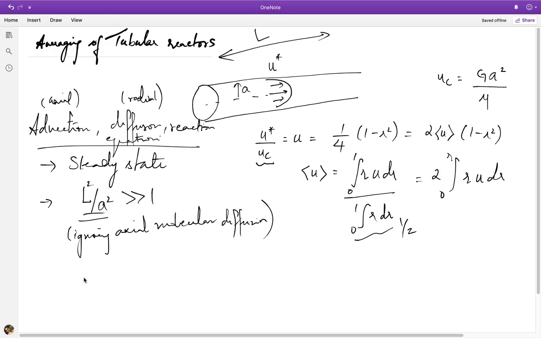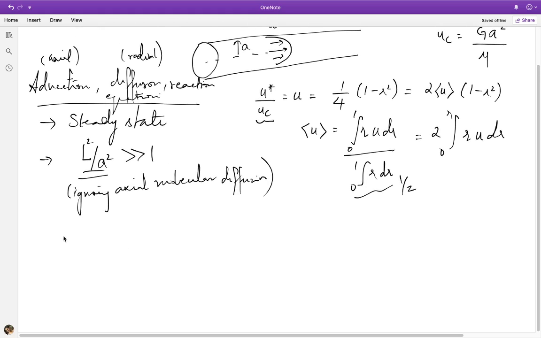Okay, so then under these assumptions, we can write down what I would call the full model for our problem, which is the full PDE without any other simplifications. So beginning in dimensional form, we have the molecular diffusivity times 1 by r d by dr, where again the asterisk denotes a dimensional quantity.